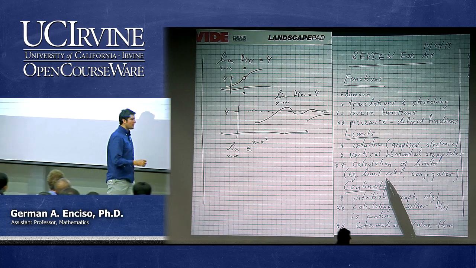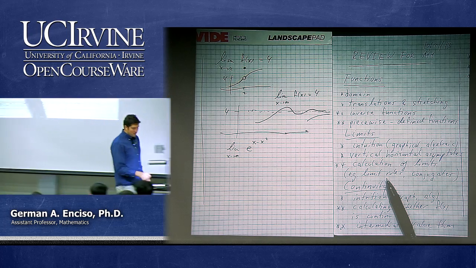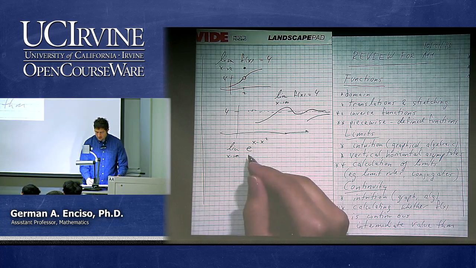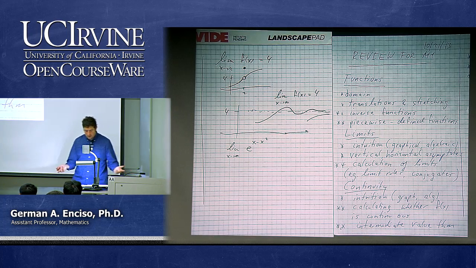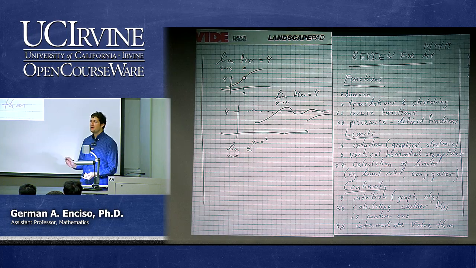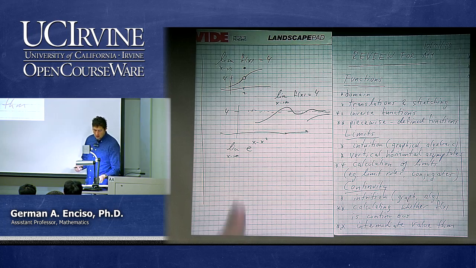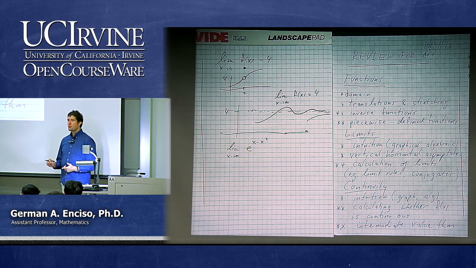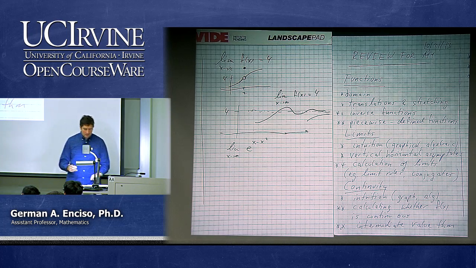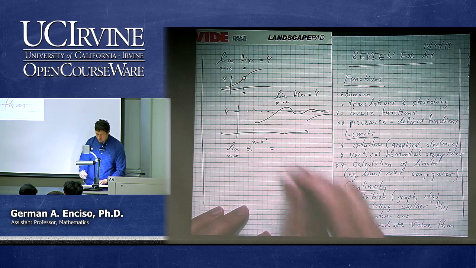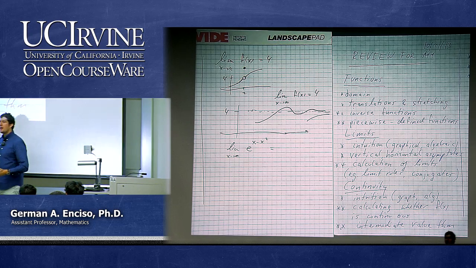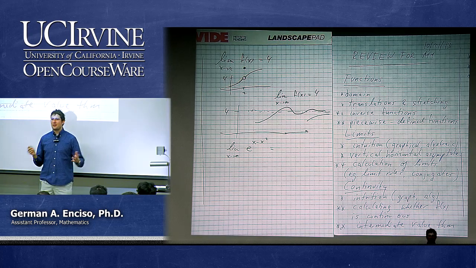For example, in this case, this looks like a complicated problem. I don't know what e to the something converges to when x goes to infinity. I don't know that. But I know, because of the rules for limits and for continuity, that this is equal to, okay? I'm going to jump ahead to continuity because we're already in the middle of the review.